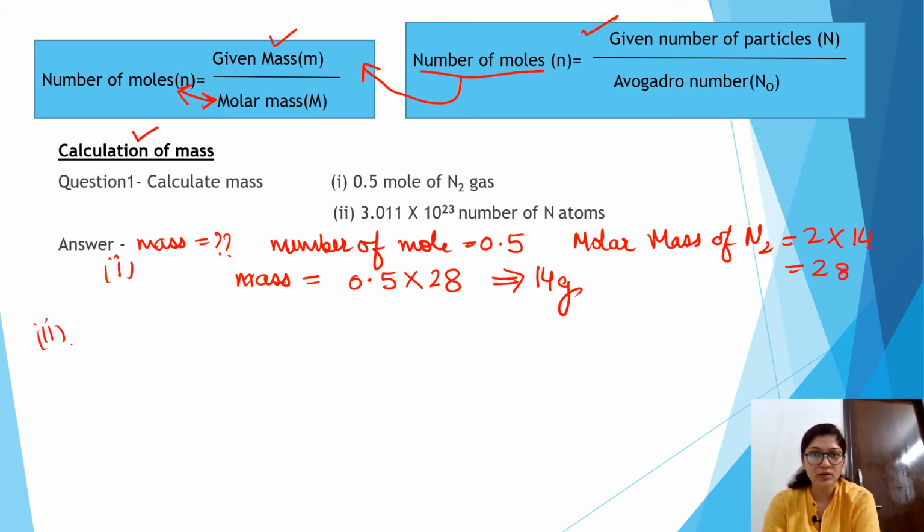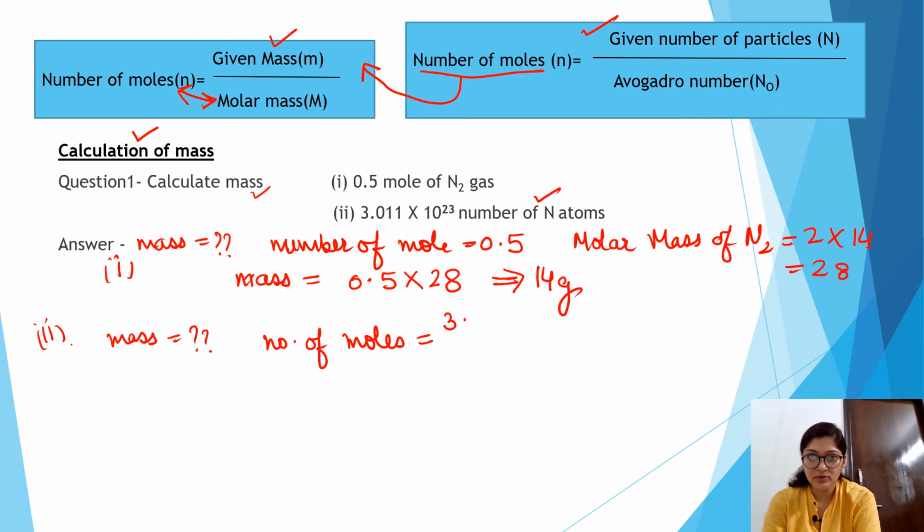So this is the first point. Second point, a number of particles is given. From the number of particles, we have to calculate the mass. So let's see. We have to calculate mass and given number of particles. From this formula, we can calculate the moles.